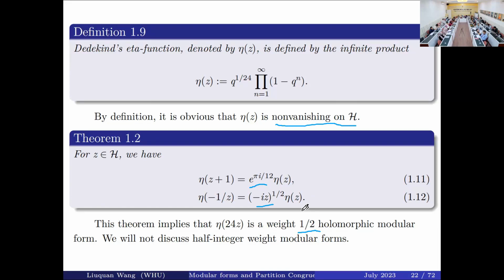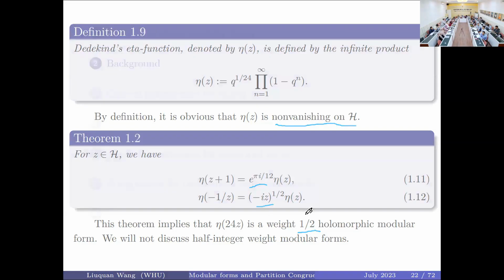In the previous definitions, we required the weight to be an integer, but here we allow the weight to be a half integer. But since time is limited, we will not discuss half integer weight modular forms.